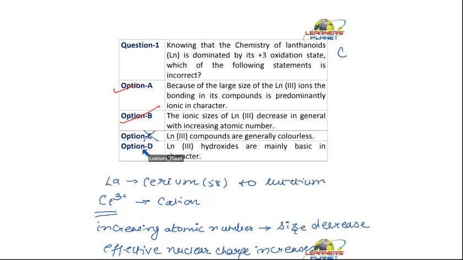Now, lanthanide 3+ hydroxides are mainly basic in nature. Will they be basic? Ln(OH)3. Yeah, they'll of course be basic. Why? Because they are metal hydroxides, and secondly, they have got ionic character. They lose their hydroxyl ions easily. But what will happen from cerium to lutetium to the basic nature of hydroxides? It will decrease.